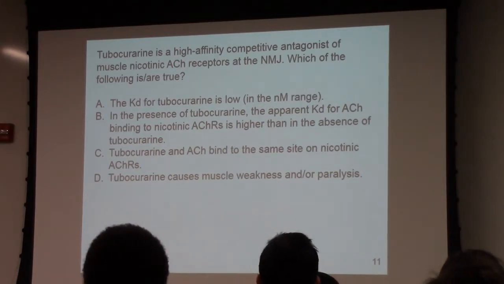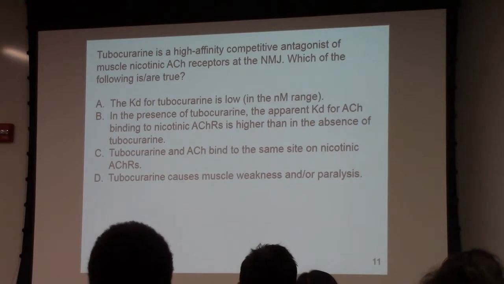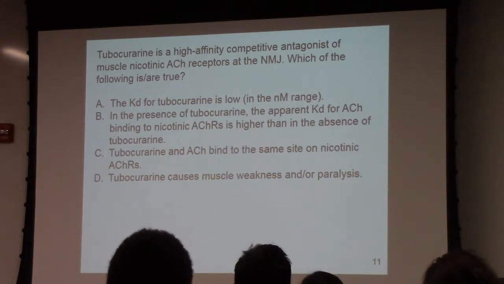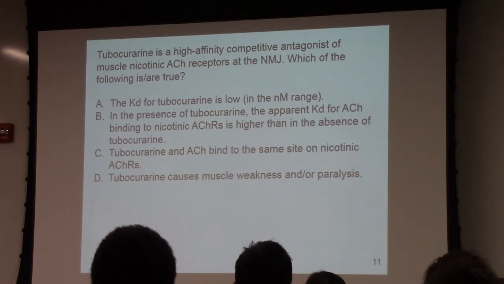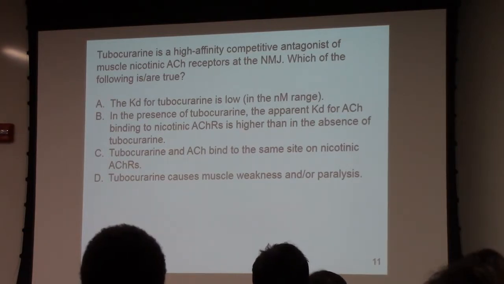That's the nicotinic acetylcholine receptor. So now I'm asking you to apply your knowledge of what those words mean to answer these questions. Now I'm asking you to remember what a KD is, and what an apparent KD is in the presence of a competitive antagonist. So now show me your answers.